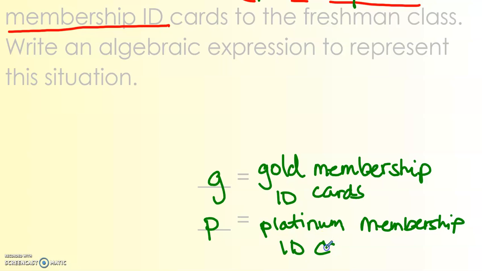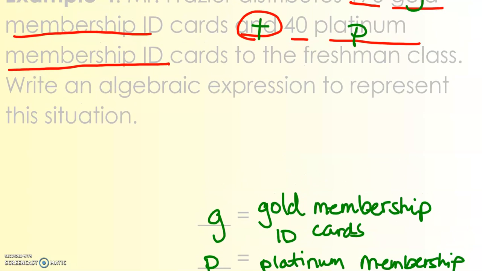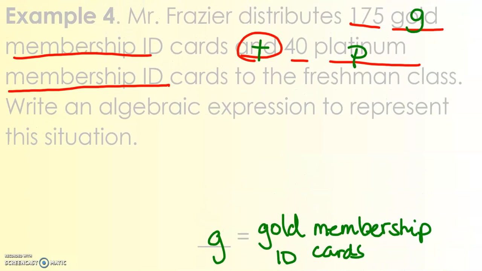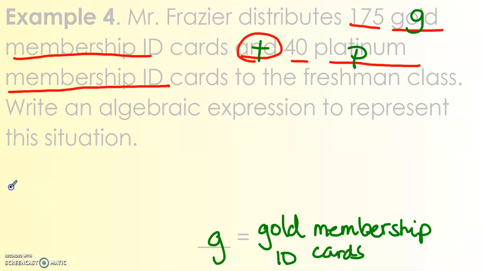And now we're going to get started. So starting at the very beginning of this problem, we said that he first distributed out 175 gold memberships. And, so that's our plus, he gave out 40 platinum membership ID cards.